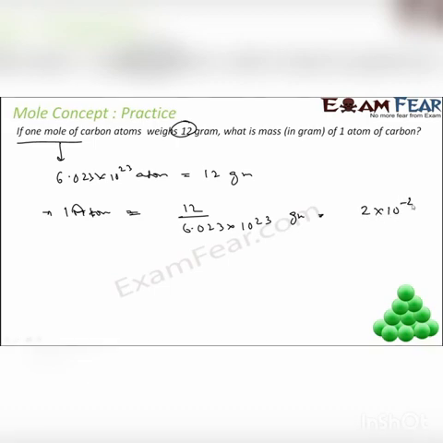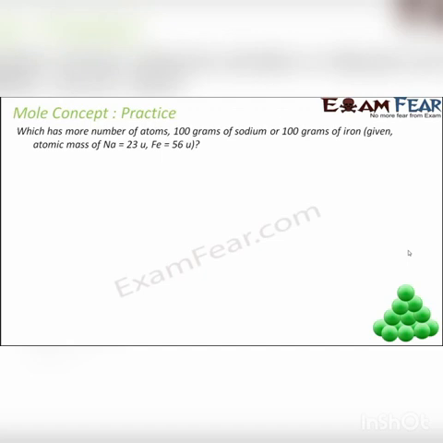Solve this, you get approximately 2 into 10 to the power minus 23. So that is the mass of 1 carbon atom. Okay.